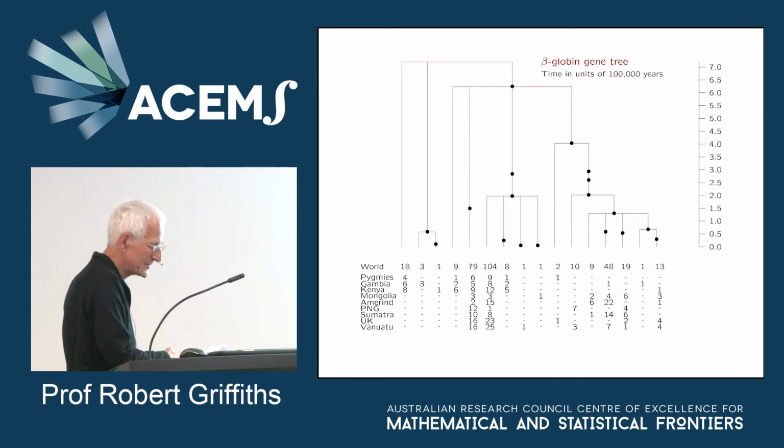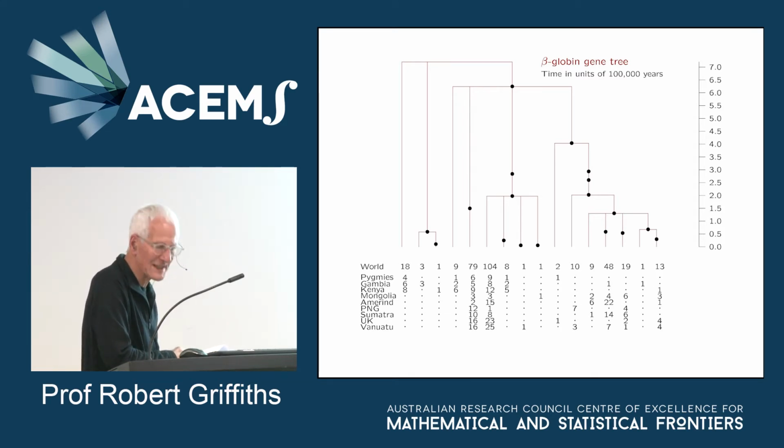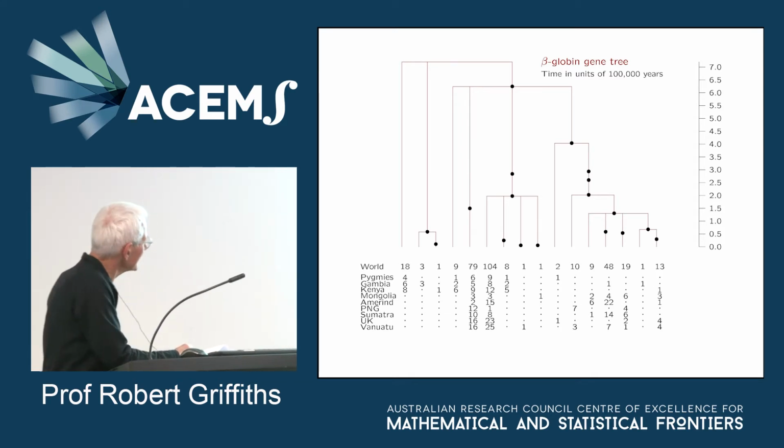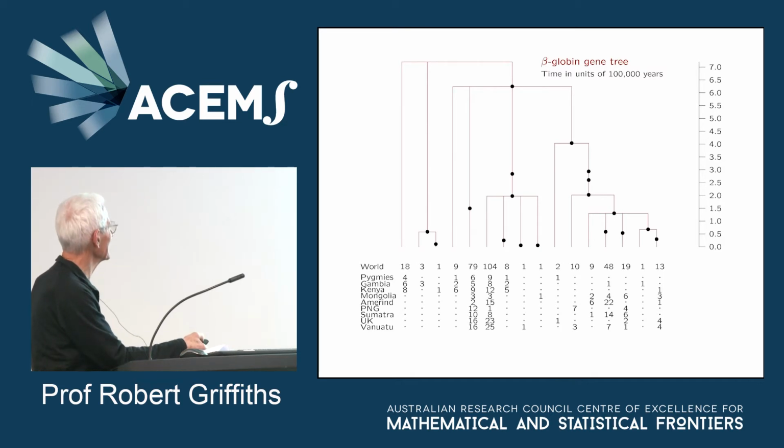And then if you put a coalescent model underneath, you can work out what the times were in this tree, the average times, by simulating this tree, say, 1 million times, and working out the average ages of the mutations and the average age to the most recent common ancestor.